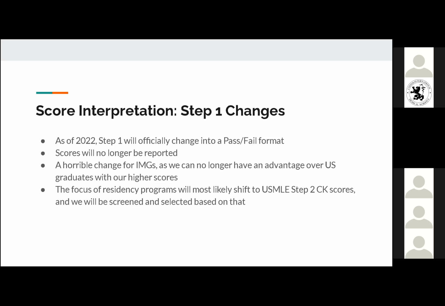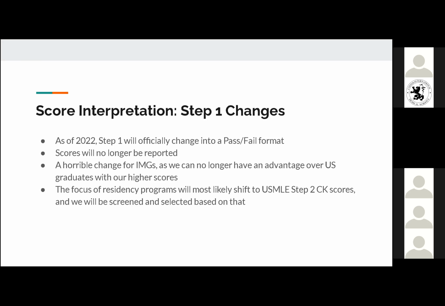Of course, there are other aspects like electives and research, but the USMLE Step 1 score was always the most important aspect of your application. Now that it's pass-fail, there's no more advantage for us. If you score high on the USMLE Step 1, this advantage has been lost.